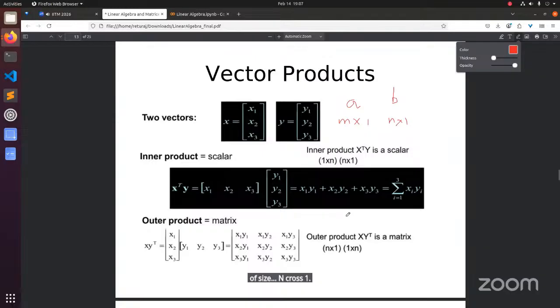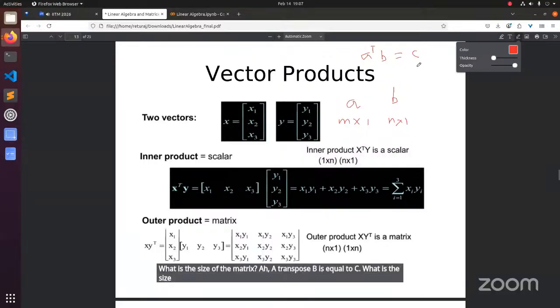Now tell me, what is A transpose B? What is the value? Is this possible? What is the size of the matrix? A transpose B is equal to C. What is the size of the matrix C?